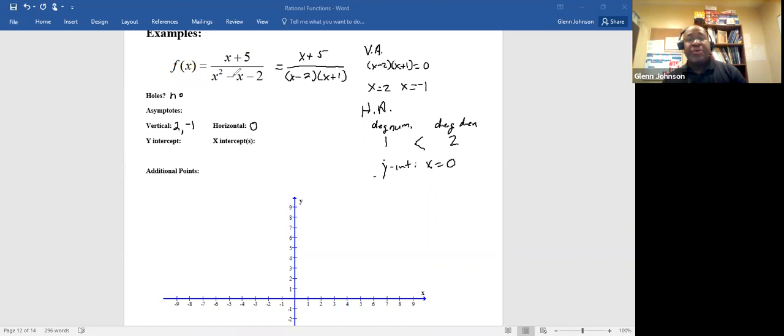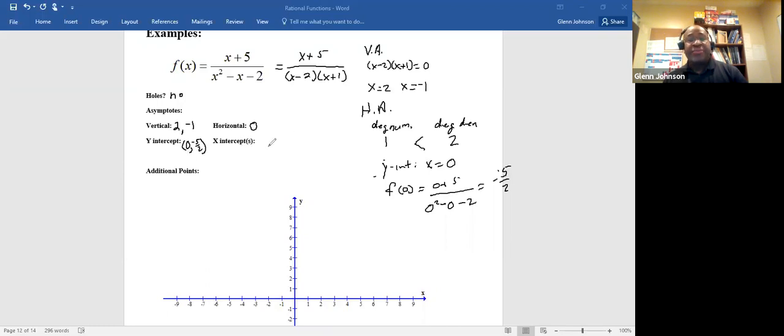So if we plug 0 into the original function, it's going to be f of 0. So we'll have 0 plus 5 over 0 squared minus 0 minus 2. This will give us a result of negative 5 halves. So our y-intercept will have the coordinates 0 and negative 5 halves.